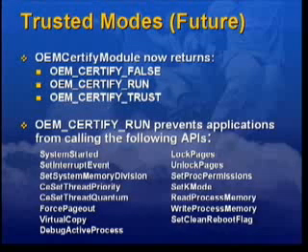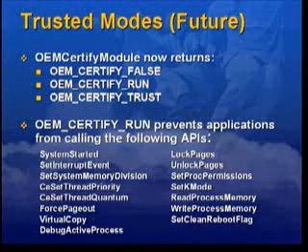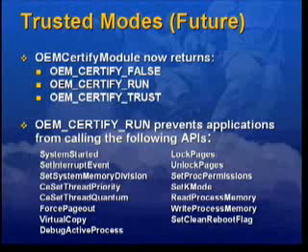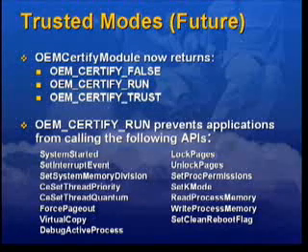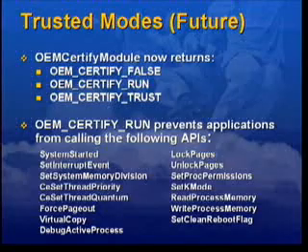Some will say that that particular application has access to all the Windows CE APIs. And then there is another type of signature where applications will have access to only a certain number of APIs. And here below are the APIs that applications will not be able to access if the signature for that EXE was set to OEM run.